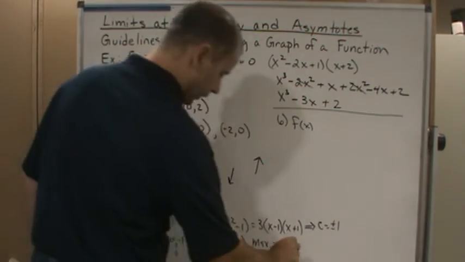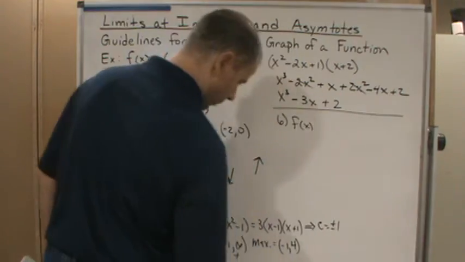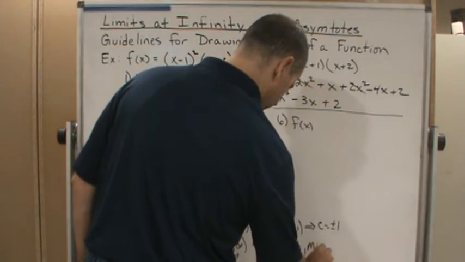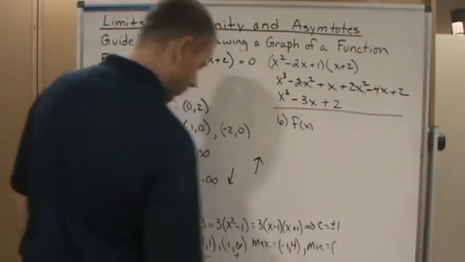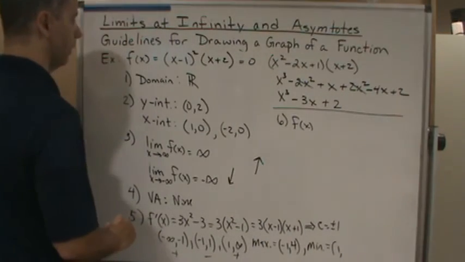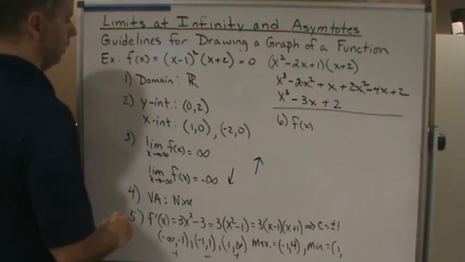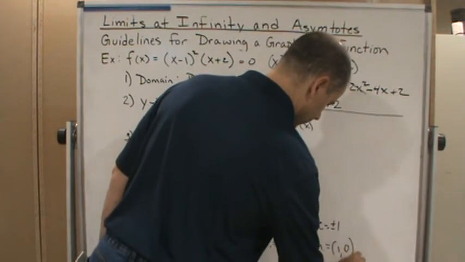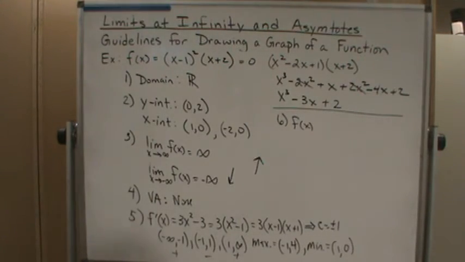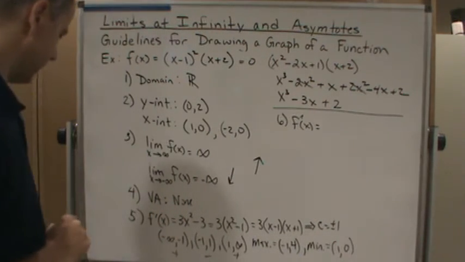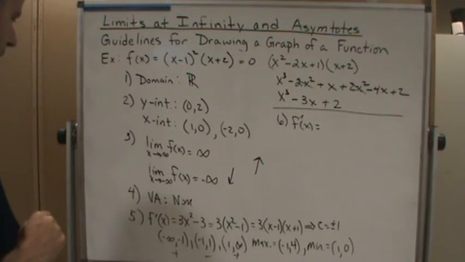So it'd be negative 1 comma 4 is where the local maximum is at. And then the local minimum is going to be located at 1, 0, it looks like. Okay, now the second derivative is what? Second derivative is going to be 6x.